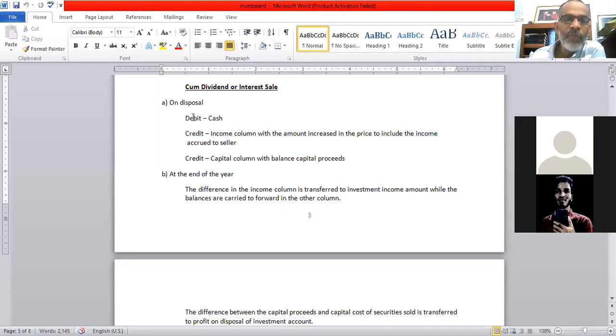But when you are using the cum dividend basis, debit cash account, credit the income column, credit the capital column. When you look at the purchase, cash account is credit, debit income column, debit the cost account. Is it okay? Look at the difference between cum dividend sales and cum dividend purchase.